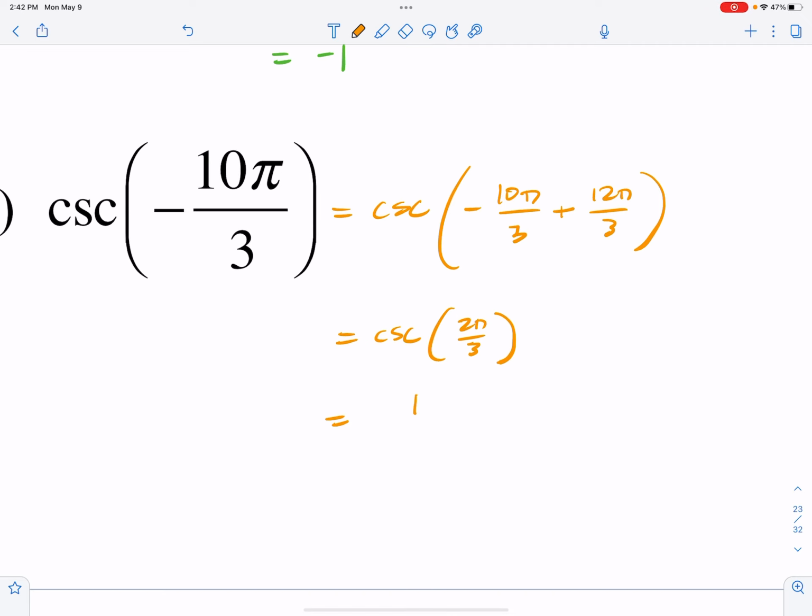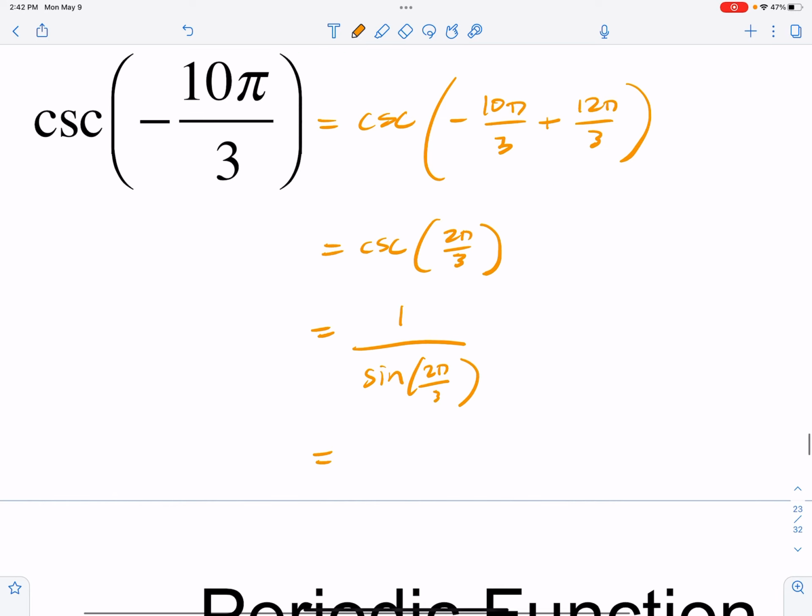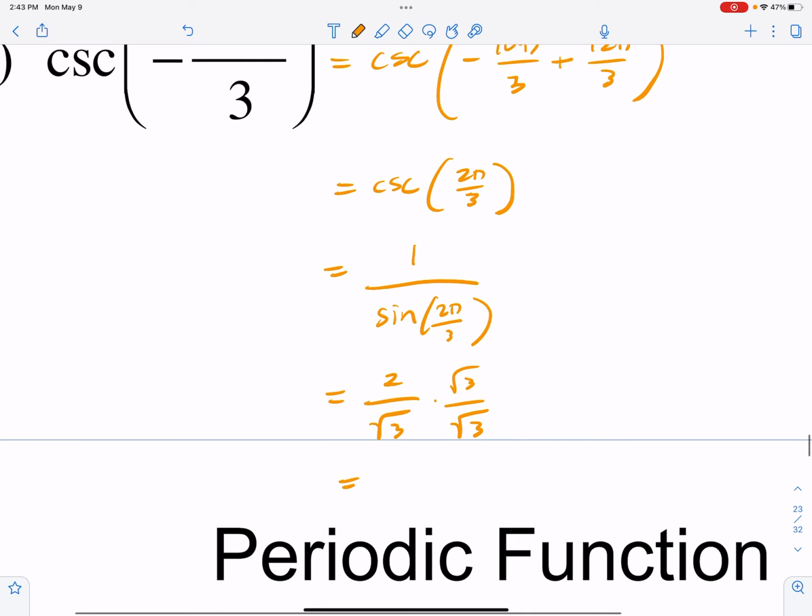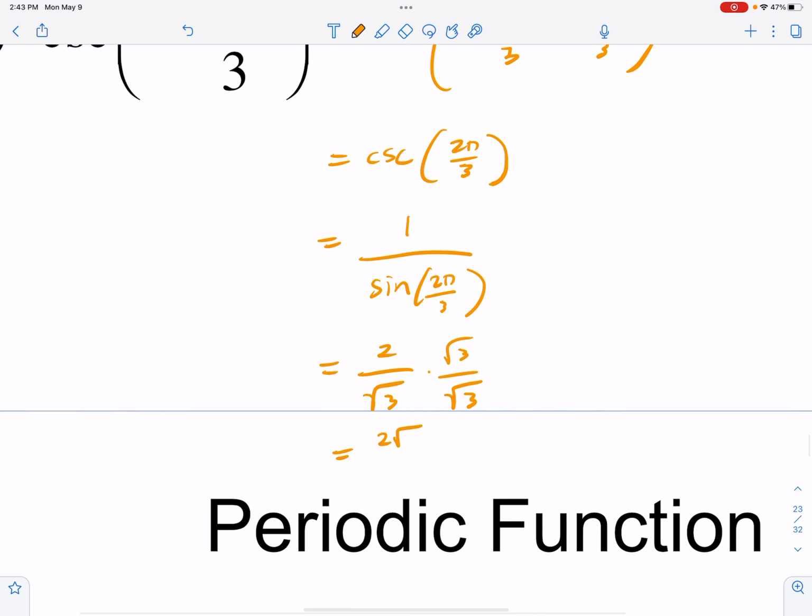Cosecant is the reciprocal of sine. Sine of 2 pi over 3 would be √3 over 2, so that reciprocal would be 2 over √3, where then if we rationalize the denominator by multiplying by √3 over √3, that would be 2 √3 over 3.